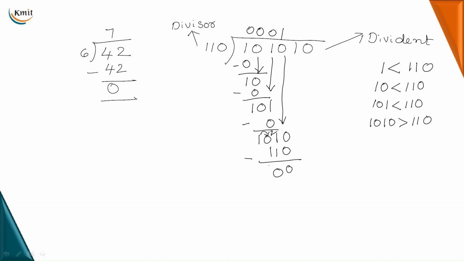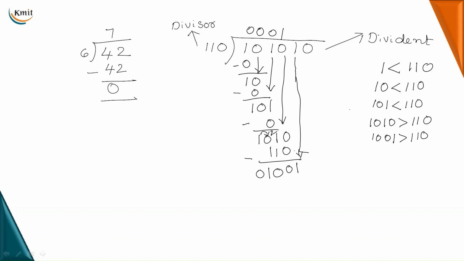It becomes 2, 2 minus 1 is 1, and this becomes 0. So now again I get this 1 here. So it becomes 1001.